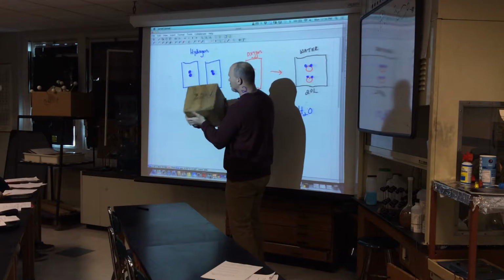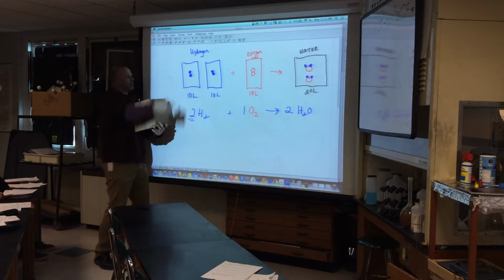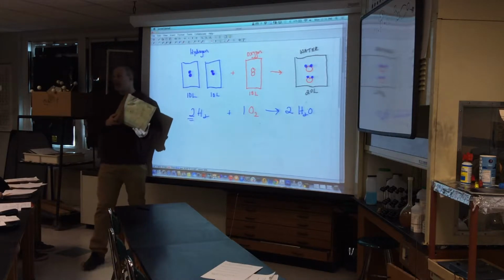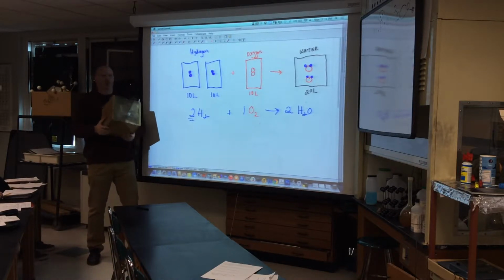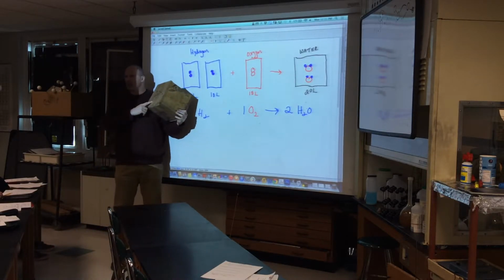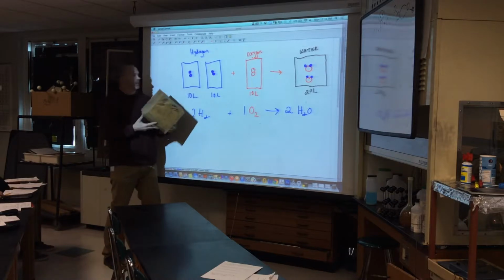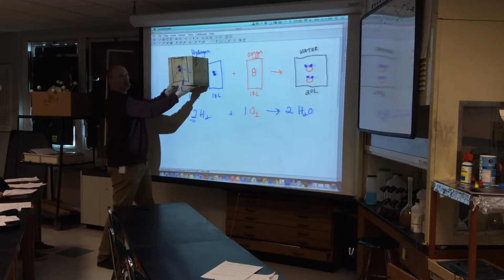Why? Because we figured out that a box, this volume of hydrogen, single atoms, is 1 gram. Now, of course, we know better. A box of 22.4 liters of hydrogen, as diatomically written, is how many grams? There's 2 hydrogens, right?